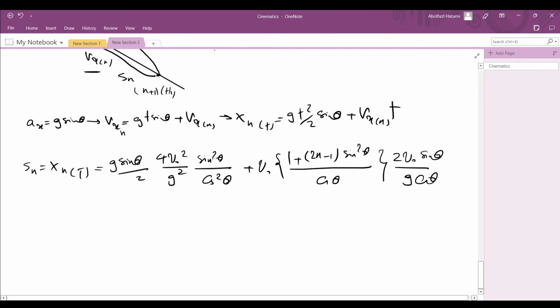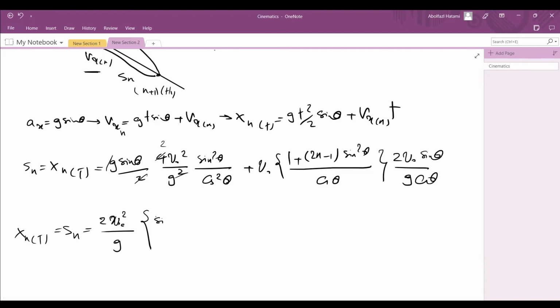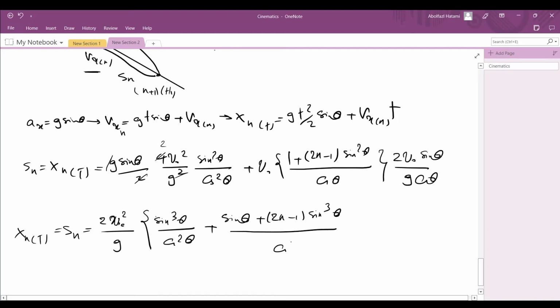Again, I can do these algebraic calculations and say that xn of T, that is Sn, is, factoring 2 v0 square divided by g, sine to power 3 divided by cosine square of theta plus sine of theta plus 2n minus 1 sine to power 3 of theta divided by cosine square of theta.